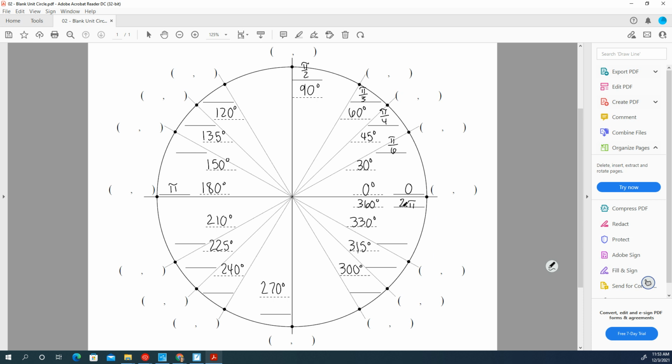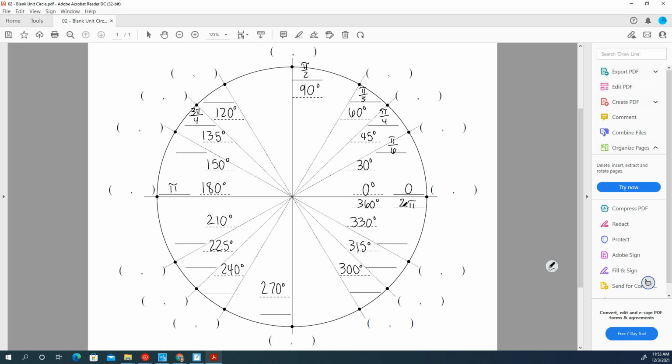Okay, I'm going to do all the 45 degree ones first because you're just counting up in fourths. And I know you guys did this before, but just a refresher. 1/4, 2/4. 135 degrees would be 3/4, 3 pi over 4. That's the middle one.